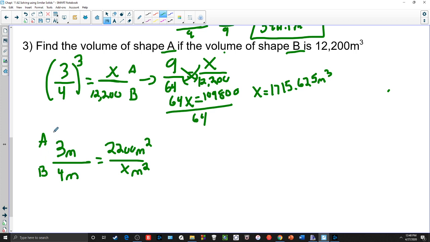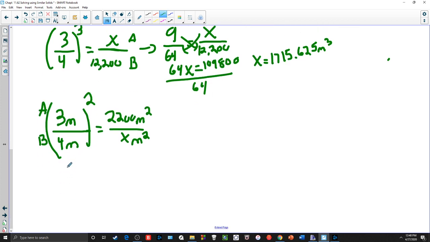So that's why I have to square this fraction first, because when I square it, I get the result that 9 meters squared in shape A for every 16 meters squared in shape B. And then I can go ahead and cross multiply here. So that's why I had to square, or if it was volume, I had to cube the scale factor fraction, because this is already in square units. So this is the one I have to square to get it back.